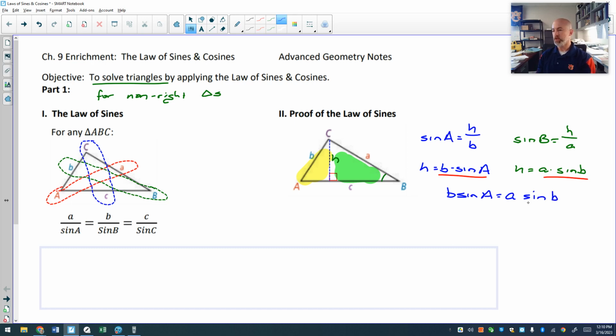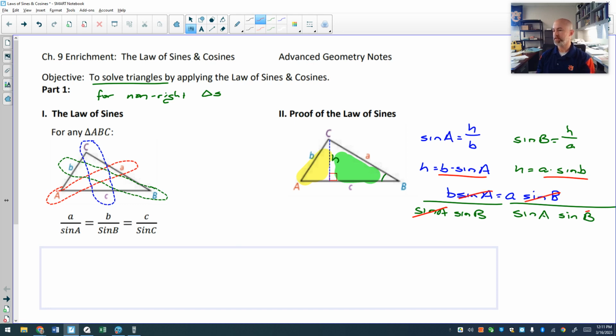And then to make it look more like these equations over here, we can divide both sides by the sine of A and the sine of B. I just noticed a typo. I wrote a lowercase b right here. I'm doing angle B, so that'd be capital B. When you divide by sine A and sine B, you will see that on the left side, the sine A's divide out.